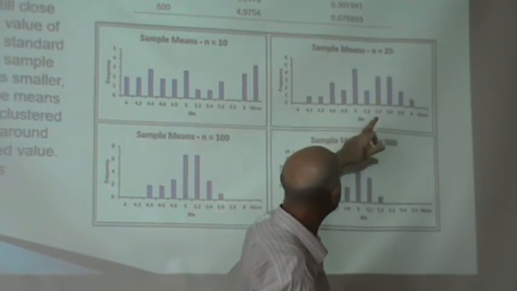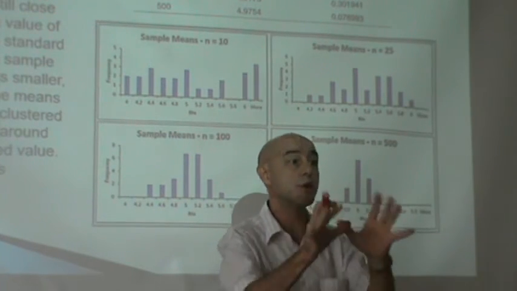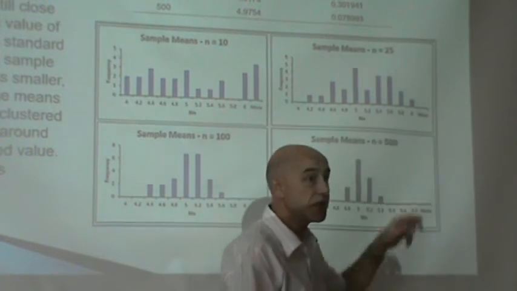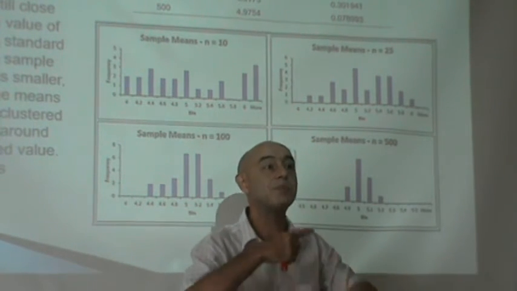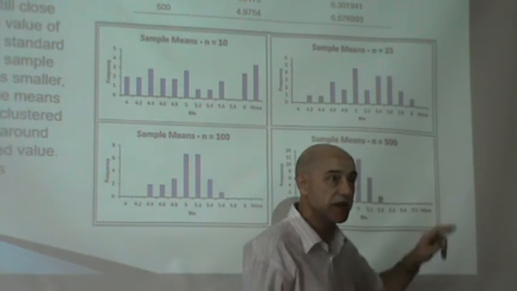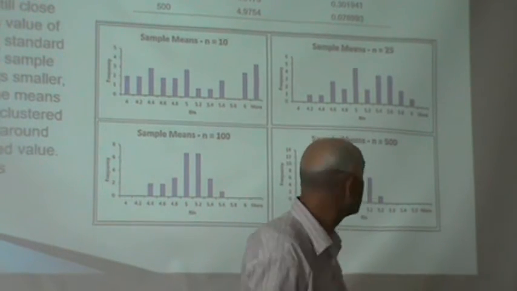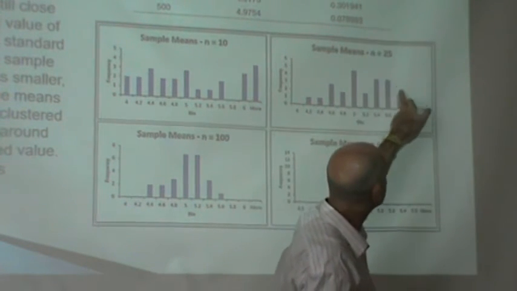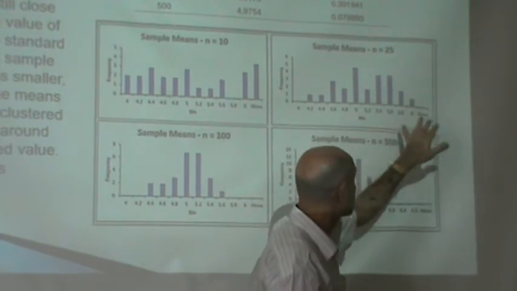So what this is telling you is you do this sample many times. You do it one time, it gives you this. You do it a second time, it gives you this. You do it a third time, it gives you this. You do the sample a fourth time, it gives you this. So as you do many samples, but the samples are small, you get a distribution. It looks like a bell shape, but you get a lot of extremes.